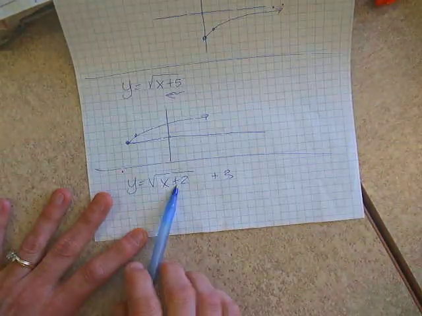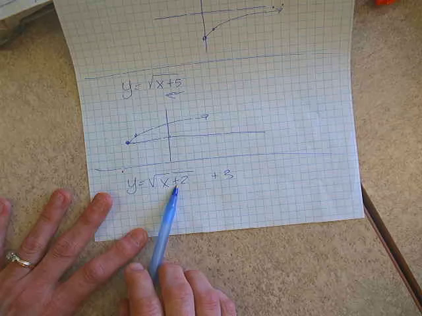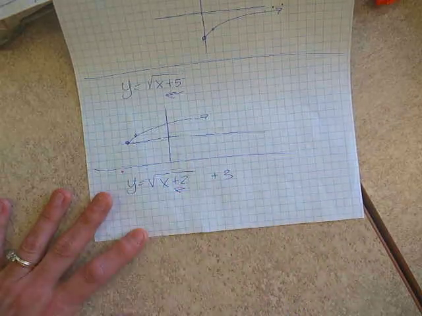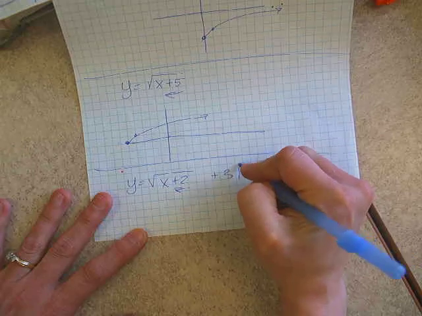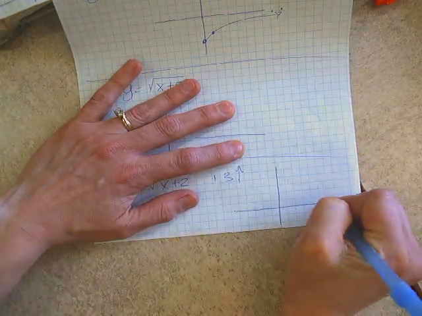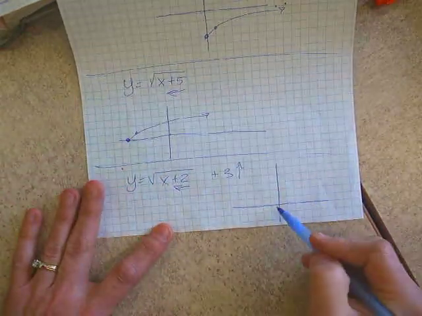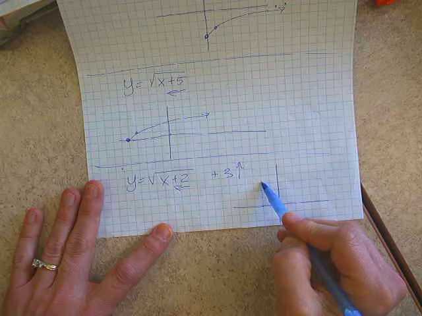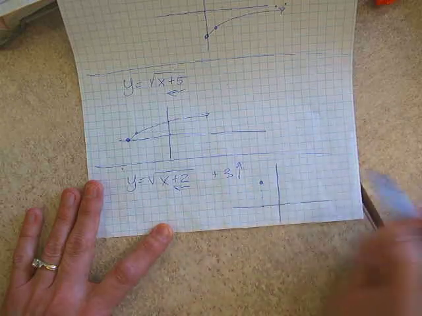Okay, don't hang up on me yet. We have one more. Okay, what happens if you have both? This one is going to go left 2 and up 3.